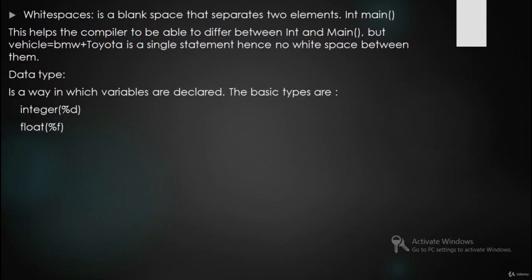Now let's also learn something about white spaces. White space is a blank space that separates two elements. For instance, when you have something like int and then a space and main, they are not the same because they are being separated by a space, which is called a white space.